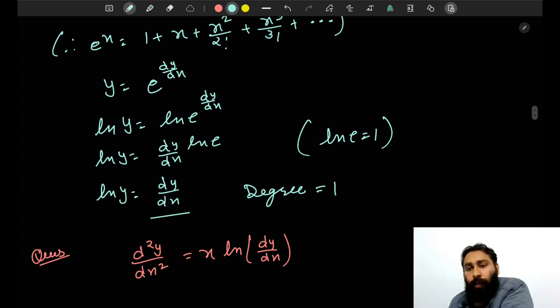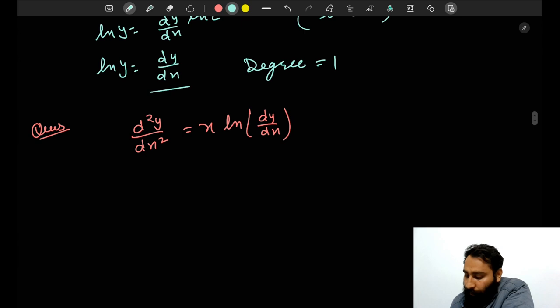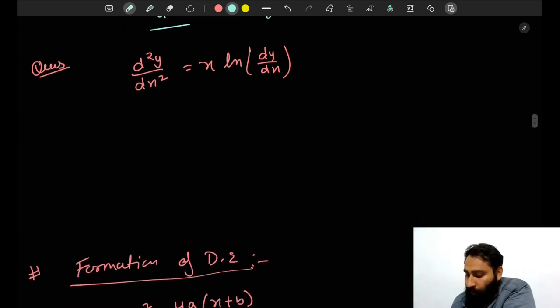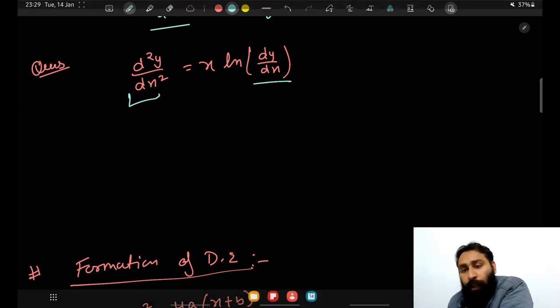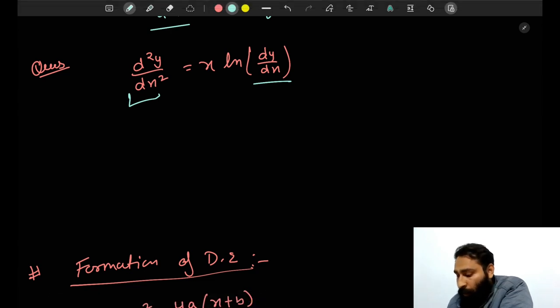So far we have discussed two topics, order and degree of the differential equation. Now, to move forward, we'll look at one more question. In this question, we see this is the second order derivative and this is the first order derivative. The first order derivative is present in the log function, so we are not able to remove this function.